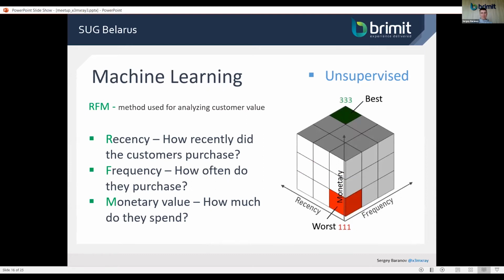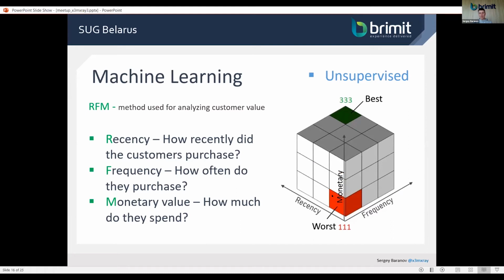And RFM, as I said before, is a method that is used in marketing for analyzing customer value. It means that for each of your customers, you can identify three values. First value is the recency, how recently your customer did an order, frequency, how often he orders something, and monetary value, how much money he spent.